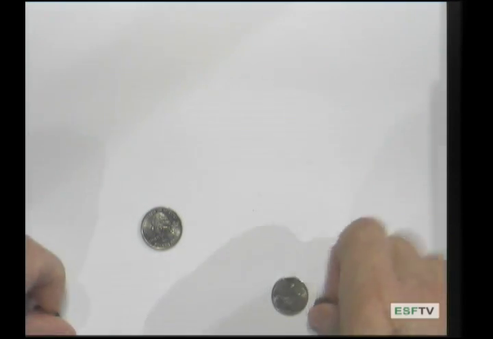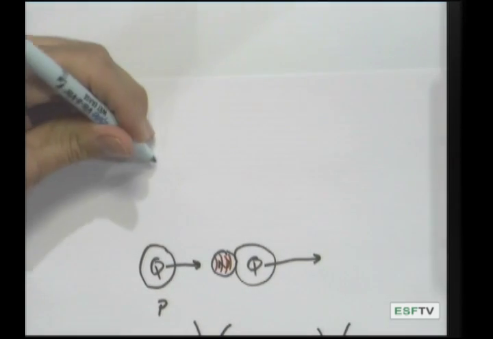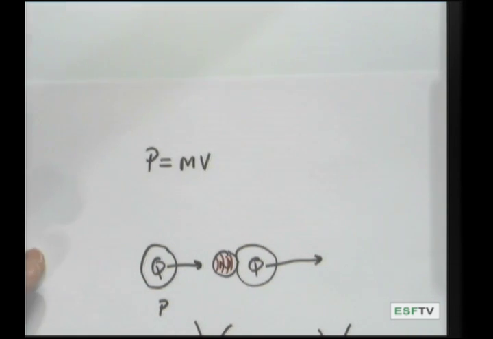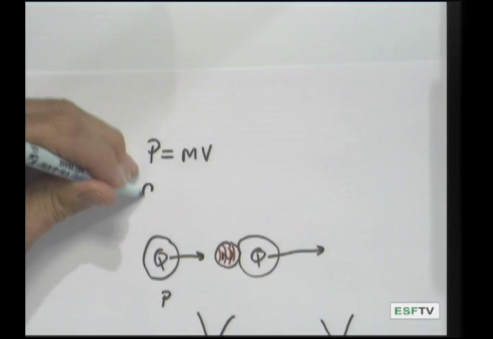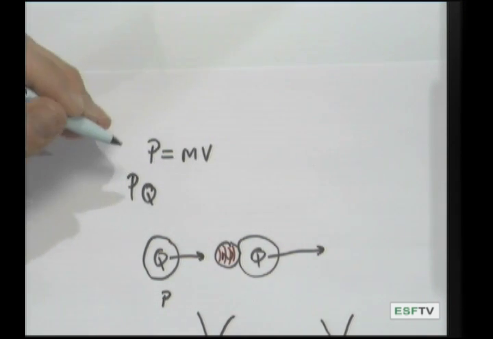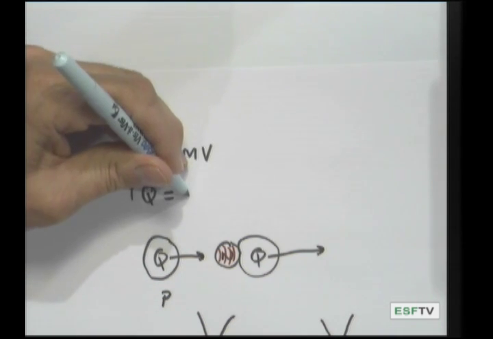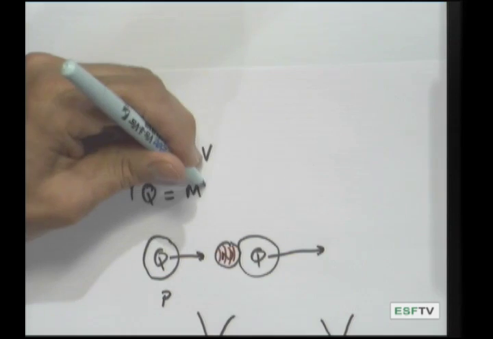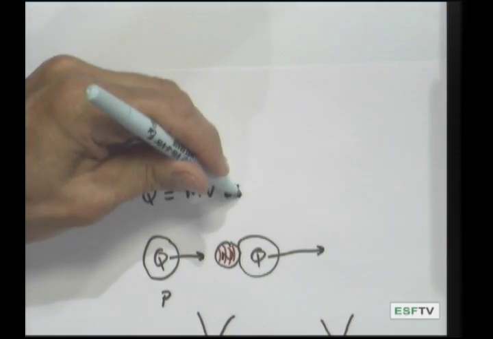Now, this is a perfectly sensible thing for these coins to do, because after all, what is momentum? Momentum is equal to mass times velocity. If you have a given quantity of motion, that is a given momentum of the first quarter, the quarter that's accelerating towards the nickel, that momentum is going to emerge on the other end as a product of mass times velocity of the other coin.